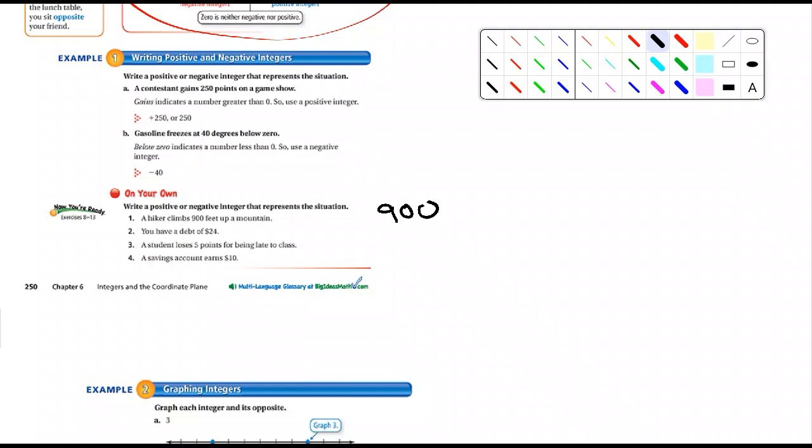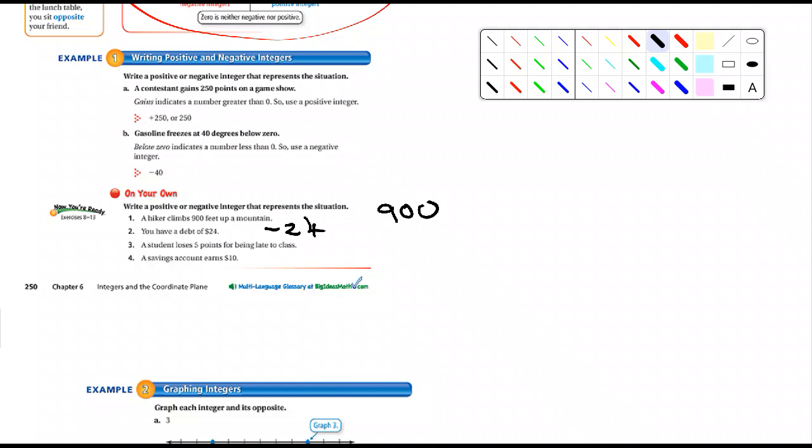How would you write that number? Nope. Mr. Williams, how would you write that number? I don't know. Miss Gossage, how would you write that number? Negative 24. Okay, so 80 points. Nicely done.